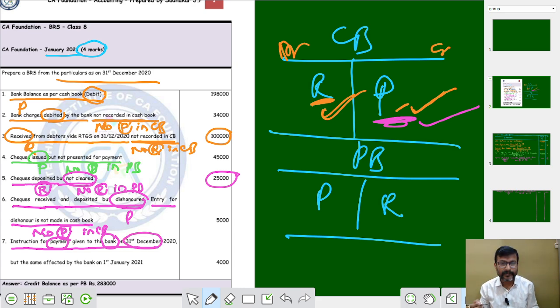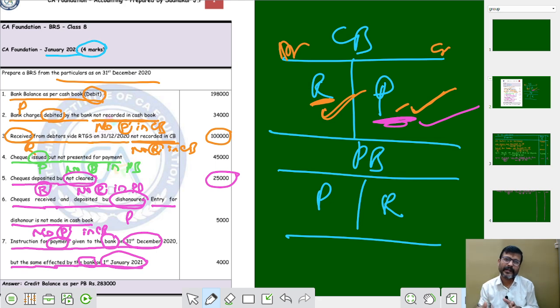On 31st December, the banker is supposed to make the payment. Banker has to make the payment. But what did the banker do? Look in front. But the same affected by bank on 1st January. When did the banker make the payment? On which date did the banker pay? On 1st January he paid.